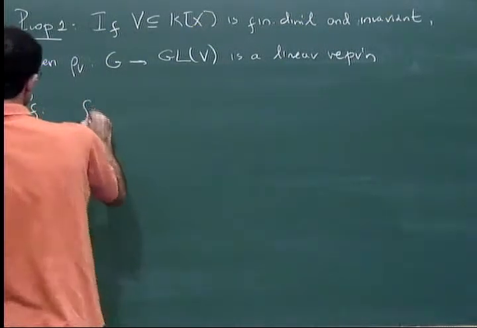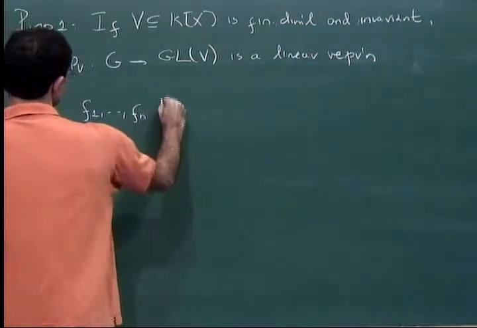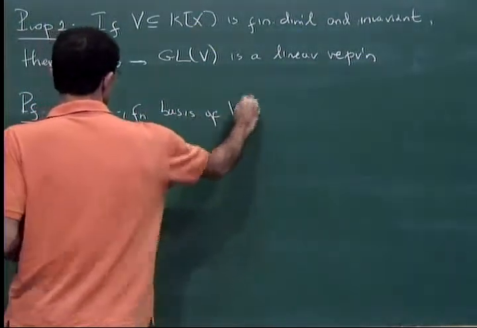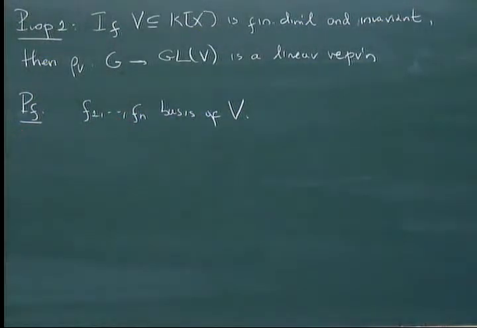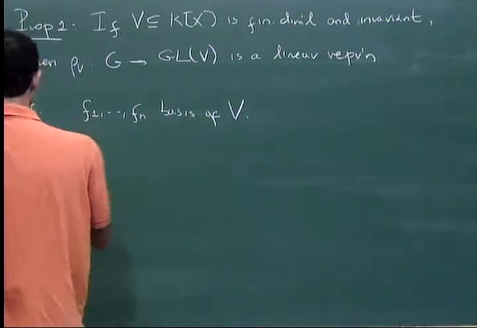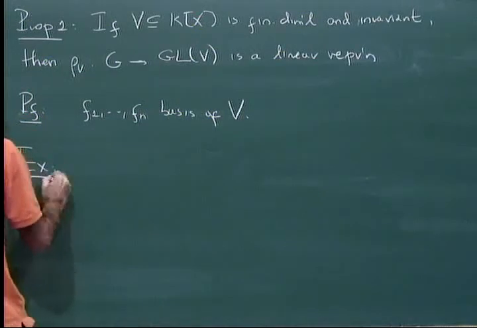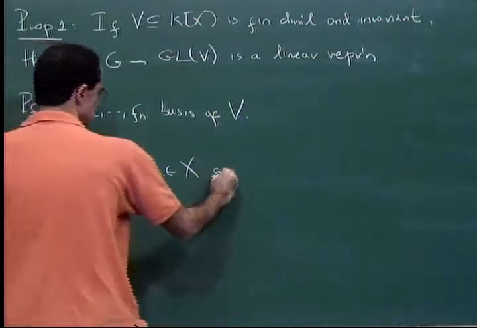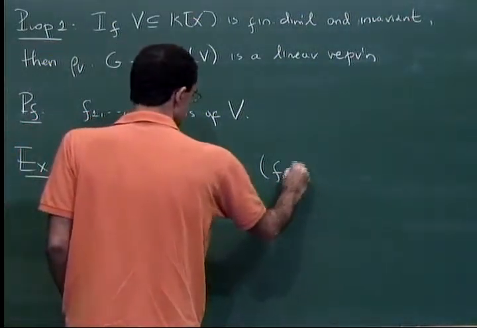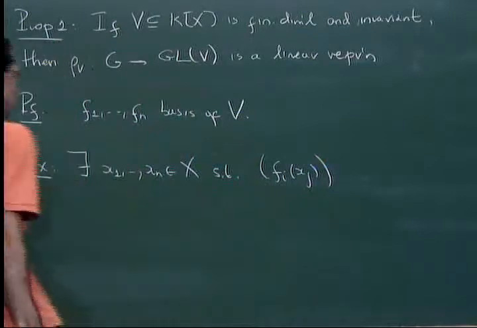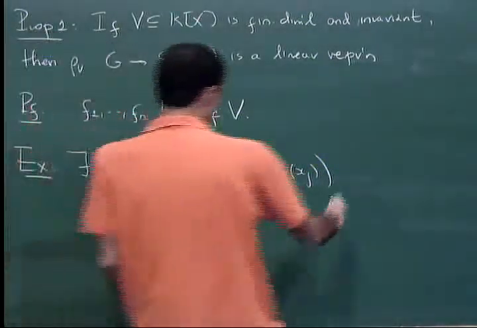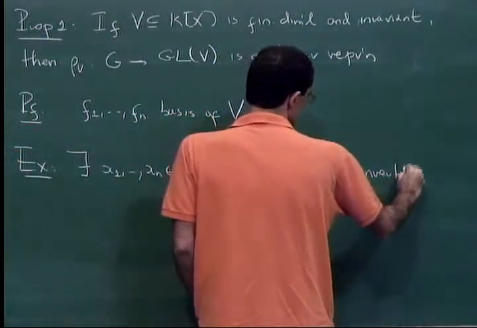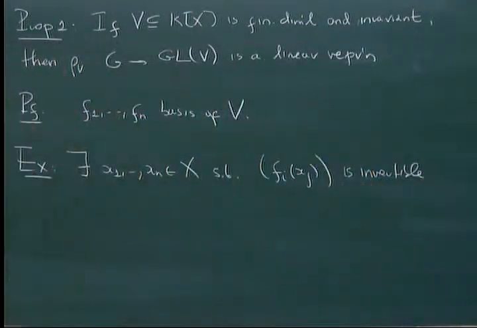You just pick a basis f_i of V, of functions. These are functions on X, and they are linearly independent. As an exercise, you can show that there are points x_j such that the matrix where you evaluate these functions on the x_j is invertible. I'll leave this as an exercise.